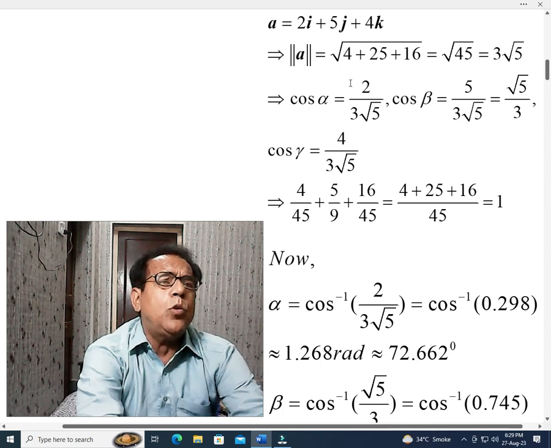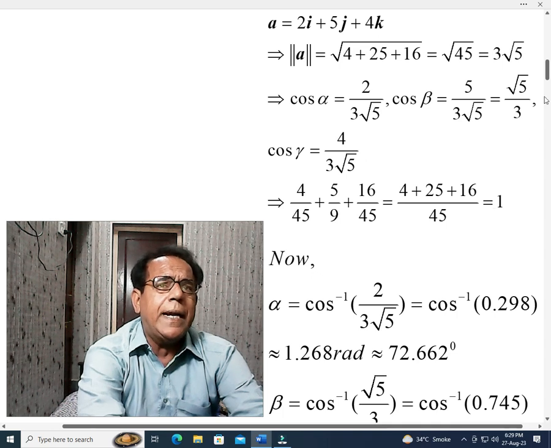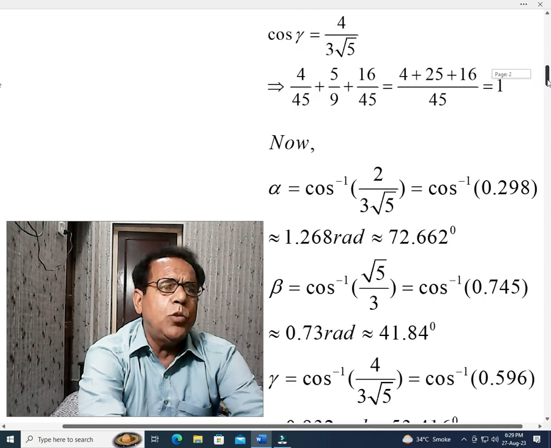Similarly, cos alpha equal to a1 over magnitude, cos beta equal to this, and cos gamma equal to this. We add squares of all these three and they become equal to 1, and hence our solution is correct.